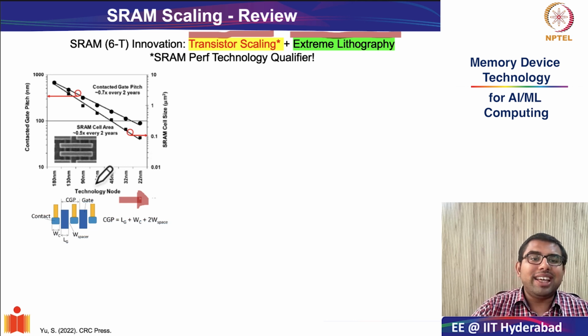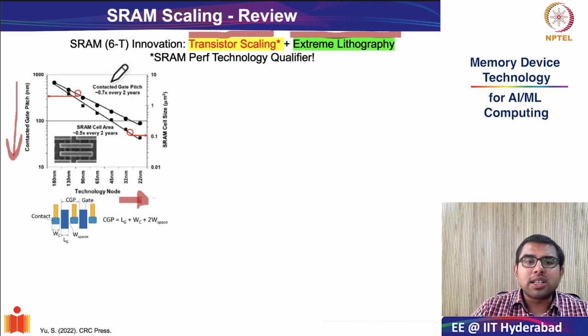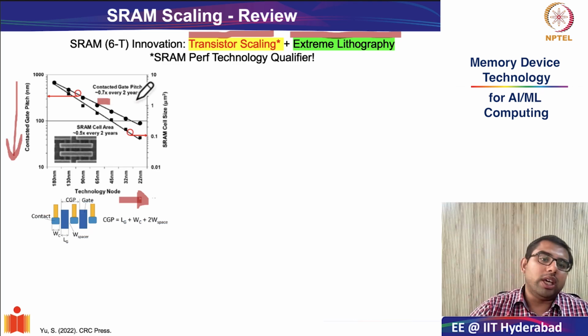Once you reduce the size of an individual transistor, from the perspective of a SRAM cell, the contacted gate pitch also starts coming down exponentially. So Moore's law suggests that the contacted gate pitch, or the lateral dimension, is reducing by 0.7x every 18 months or 2 years.